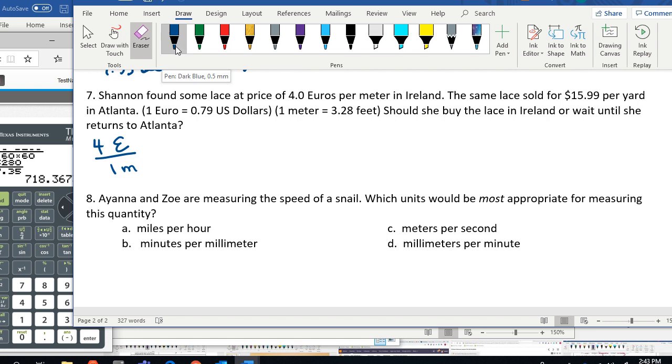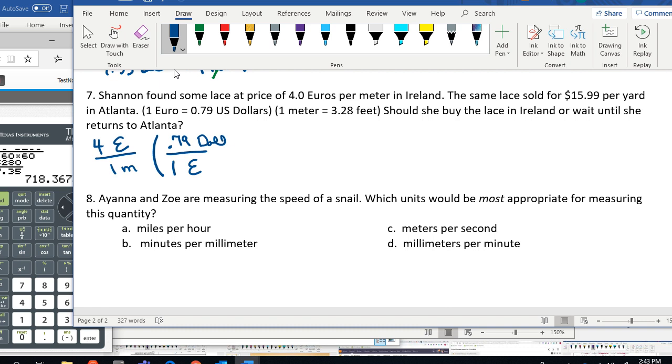The first thing I'm going to do is change €1 to dollars. So €1 equals 0.79 dollars. I'm going to put dollars like this, doll.